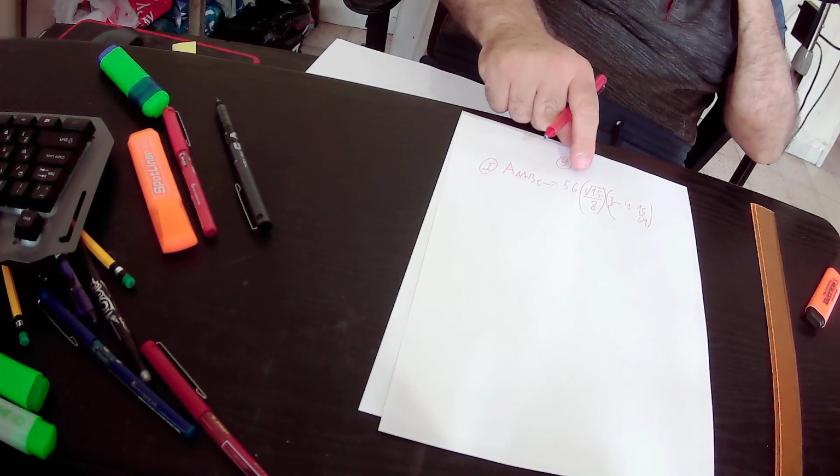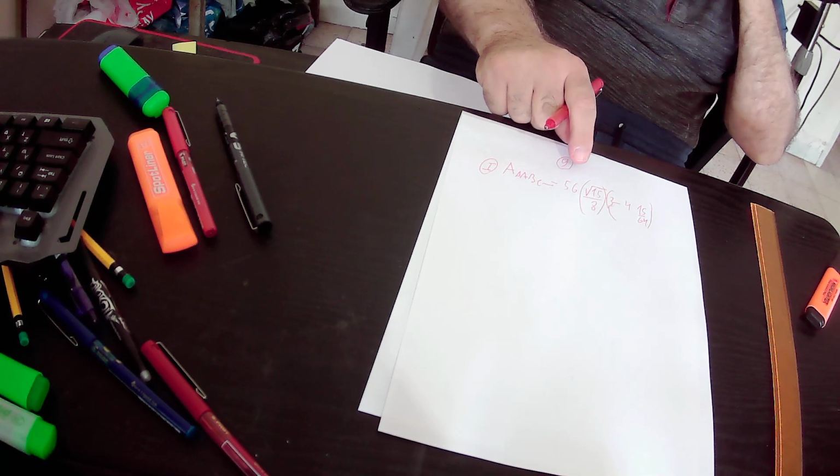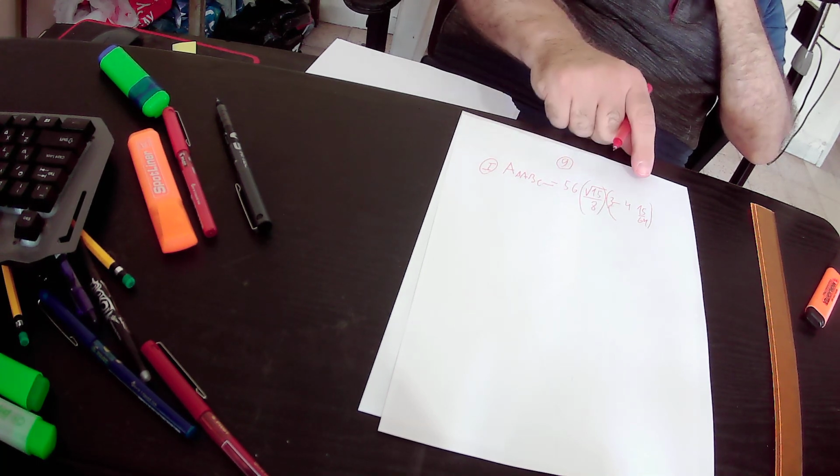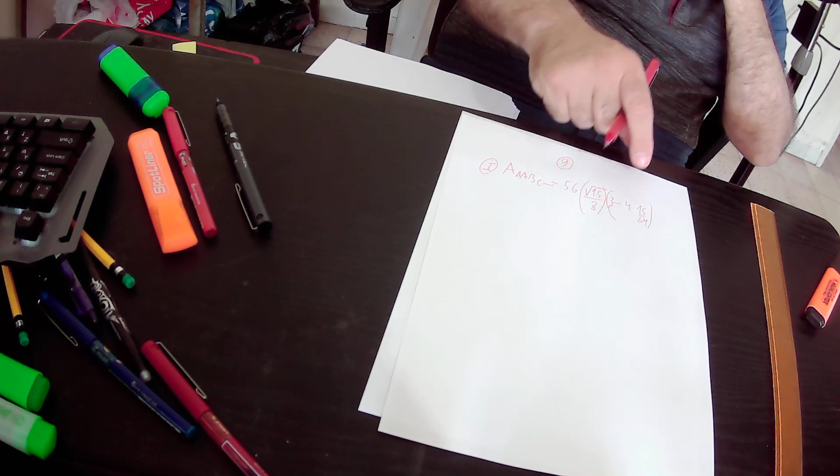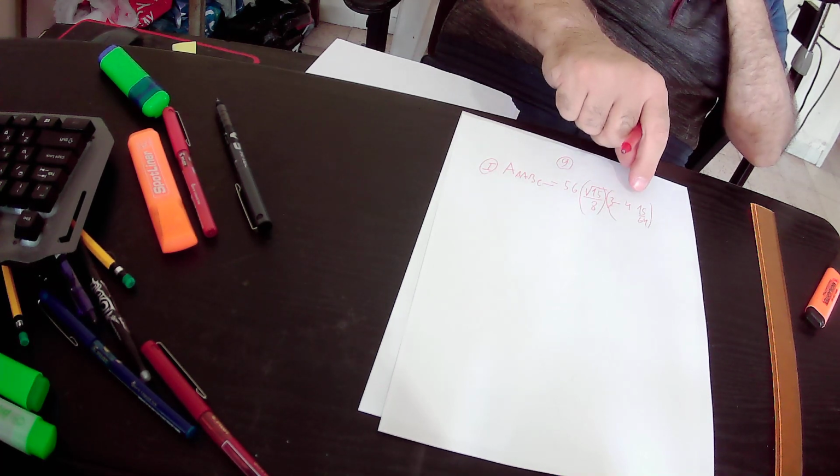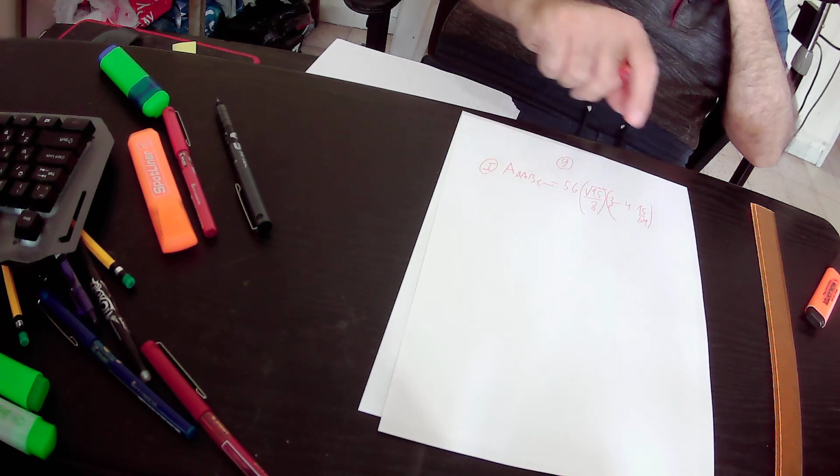Here 56 over 8 is 7, and we will also divide the numerator and the denominator by 4, so 4 is cancelled and 64 over 4 is 16.